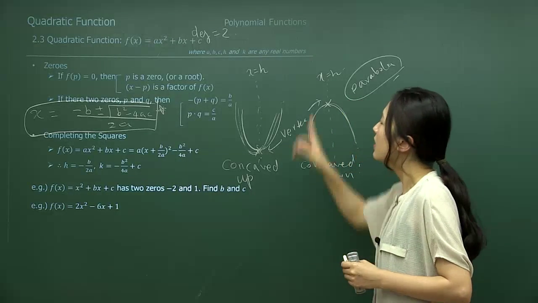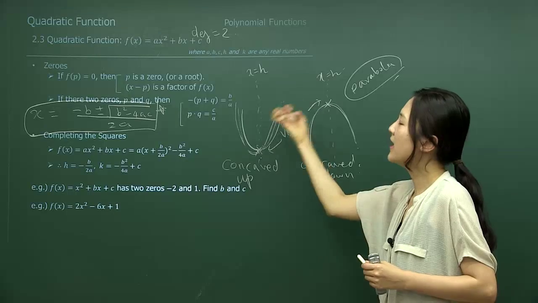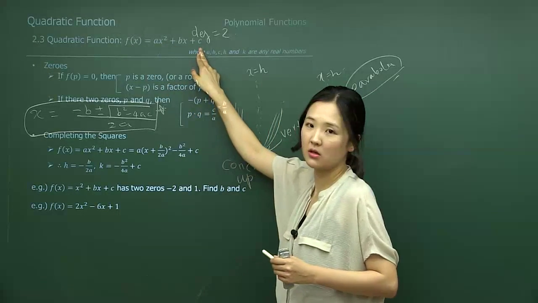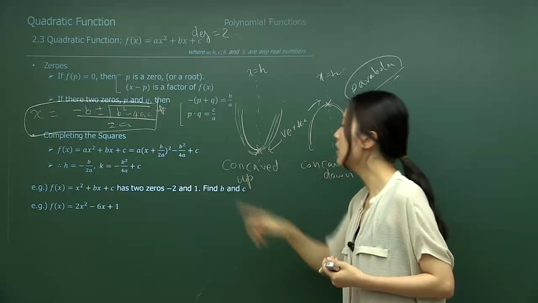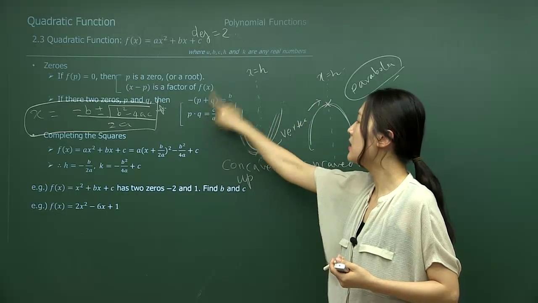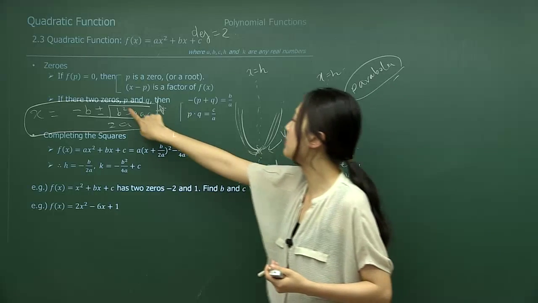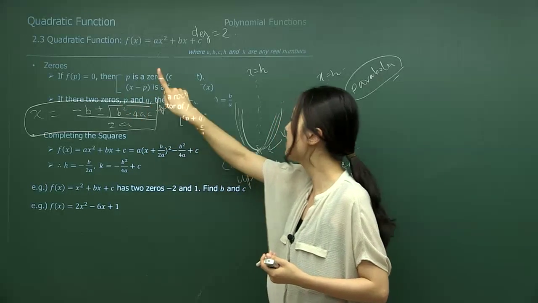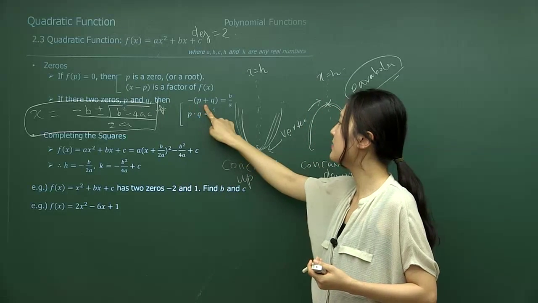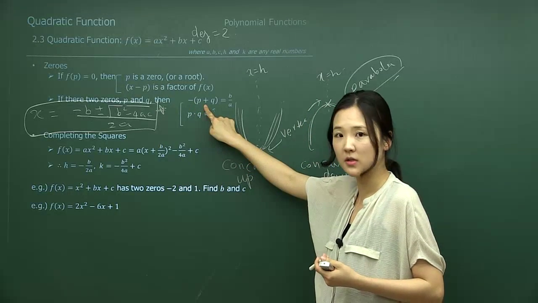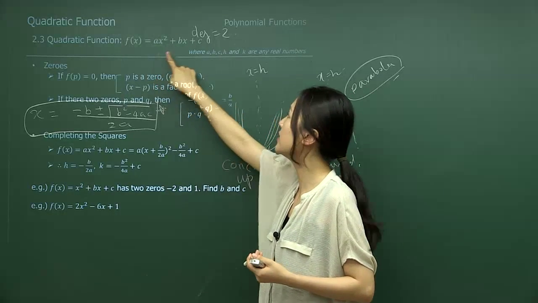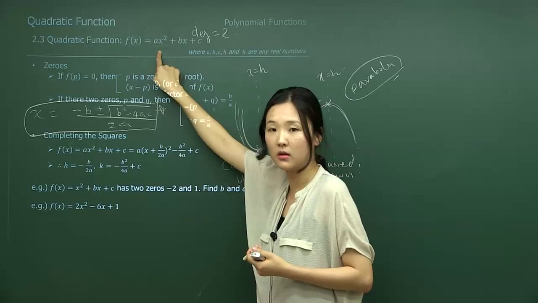Now, there is a direct relationship between the zeros and the coefficients of your function as well. As you can see, if you decide p and q to be your two zeros, then the negative sum of the two zeros has to equal b over a, the coefficient of x over the coefficient of x².